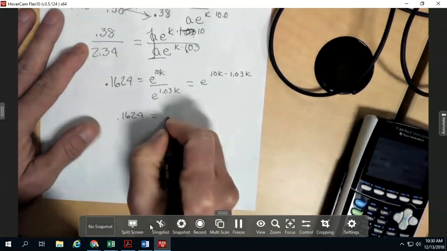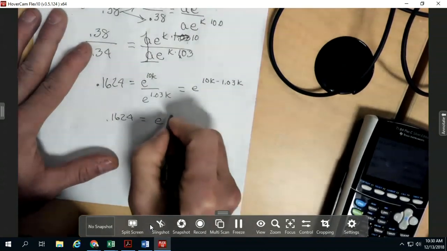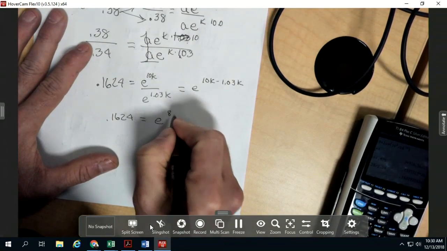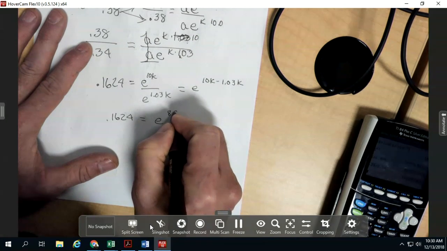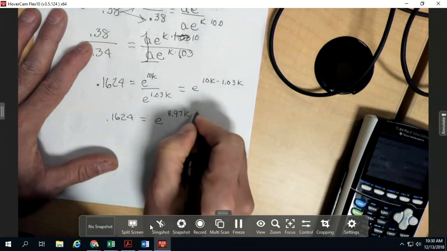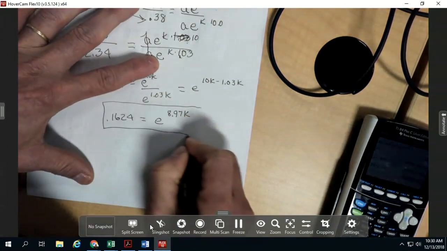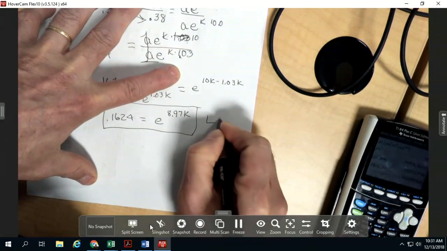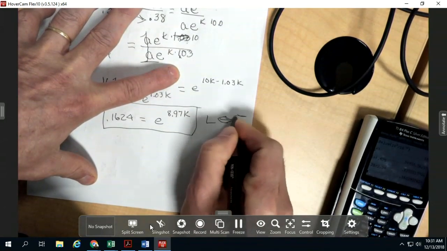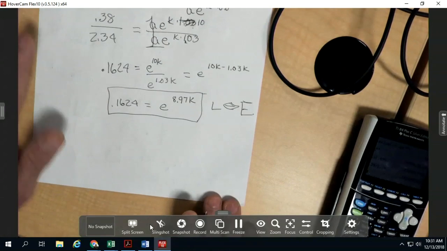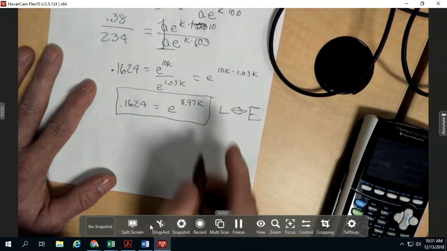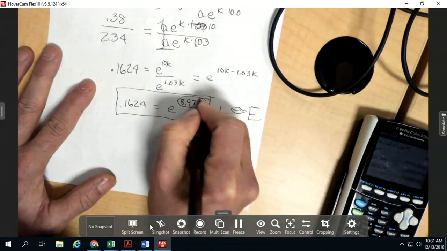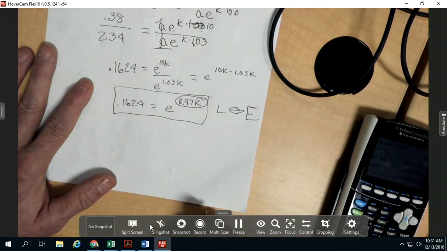0.1624 is e to the, you subtract the exponents, 8.97k? Now do it log to exponent. Remember, the logarithm is the exponent.